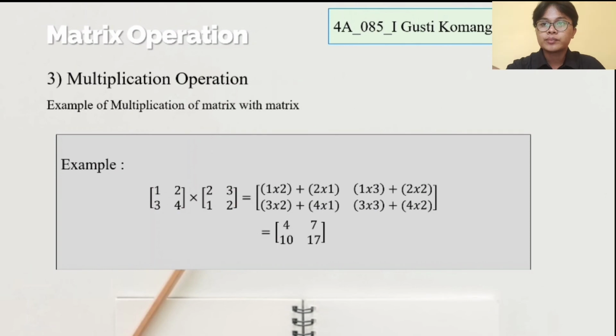For example, here I have a question regarding the multiplication of matrix by matrix. Matrix with elements 1, 2, 3, 4 multiplied by matrix with elements 2, 3, 1, 2. The result of the two matrices is a matrix with elements 4, 7, 10, and 17.